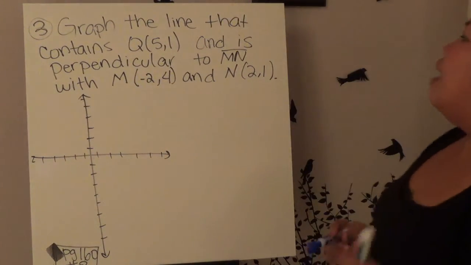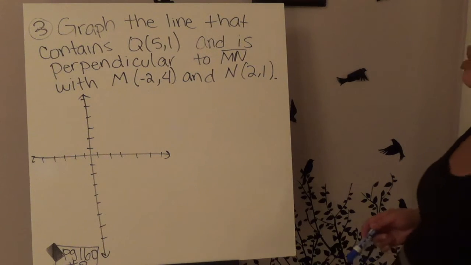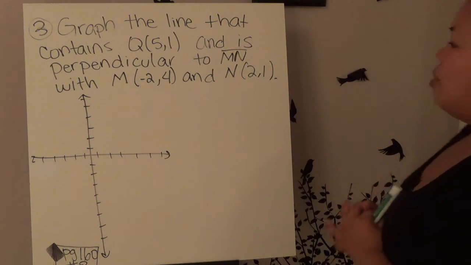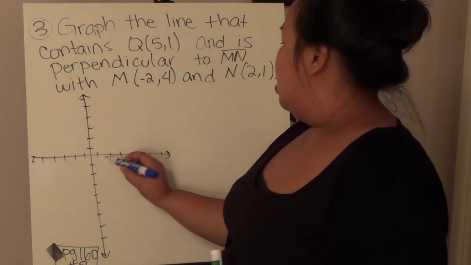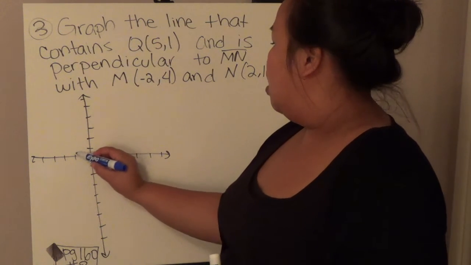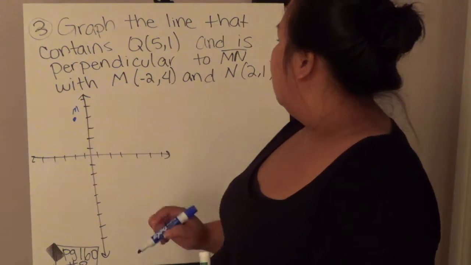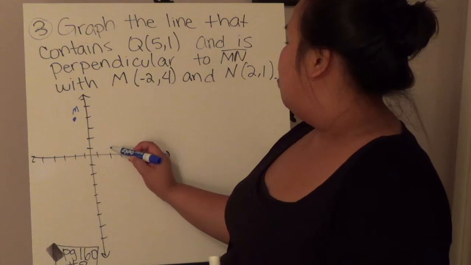Our last one, it says graph the line that contains Q and is perpendicular to MN, with M equals -2, 4 and N equals 2, 1. So here's MN, 1, -2, up 4, okay, and N is +2, up 1.